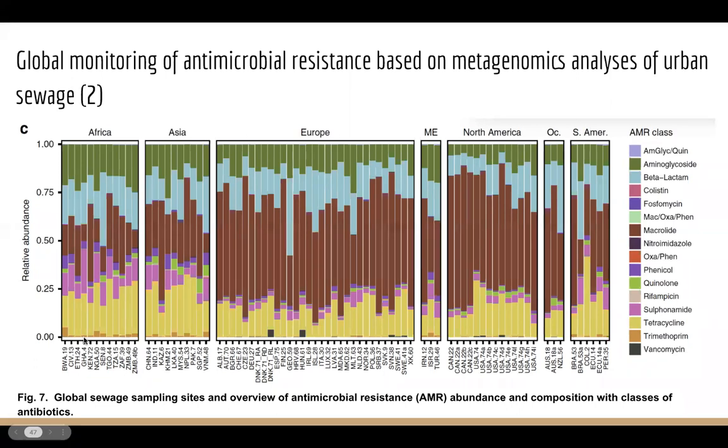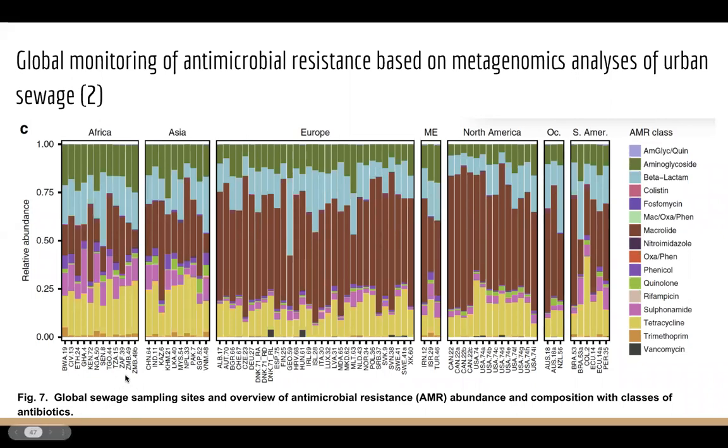Then we also have the macrolides and aminoglycosides, which is the green one, also found in the environment. So in effect, we have all these classes of antibiotics just in the environment. What does that tell us?